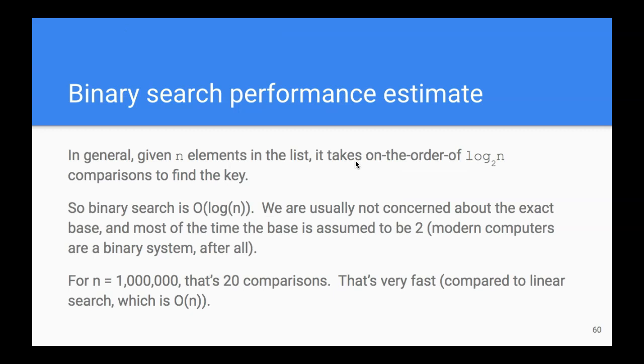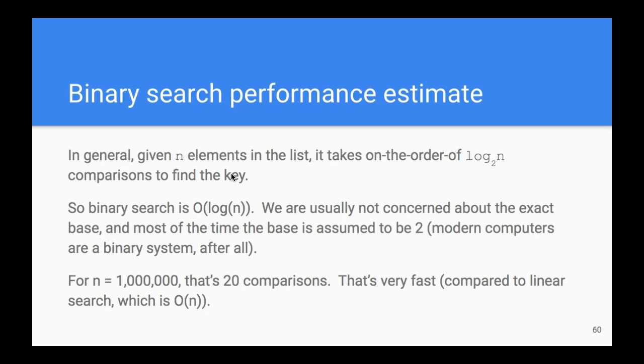So in general, for binary search, if the number of elements in the list is n, then it takes on the order of log base 2 of n comparisons, or recursive calls, to find the key, right?